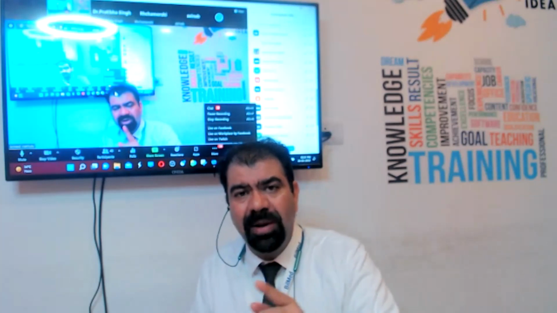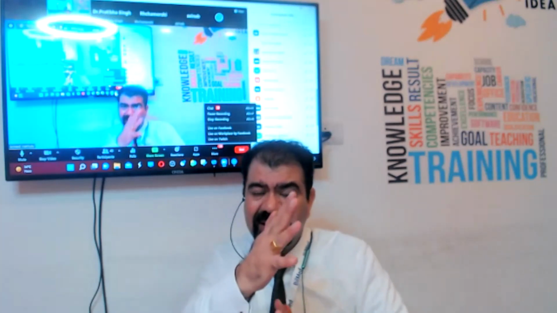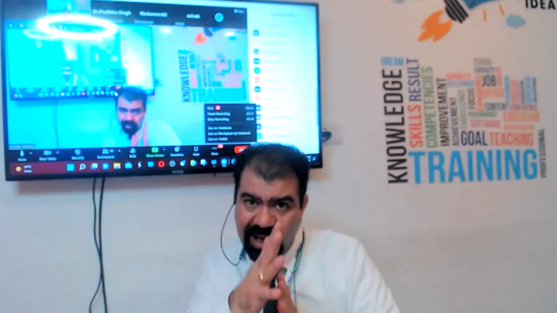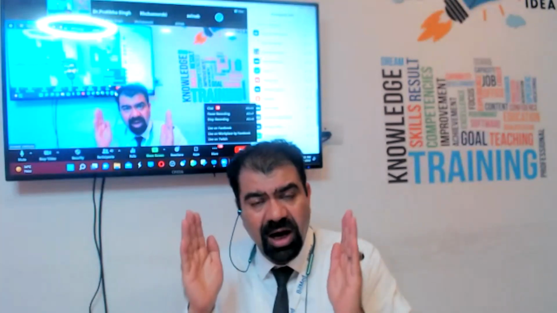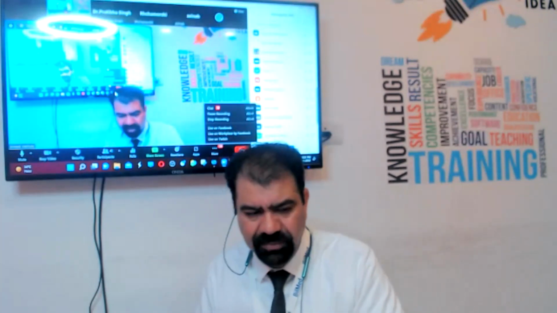Where is this color flow coming from? That is actually the trophoblastic invasion. So it is the trophoblastic invasion which is making me see the high color at the given point of the endometrium.